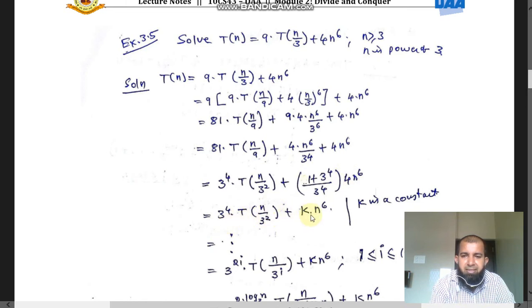Then assume k is a constant. So k is constant, and n^6 remains. K means this part.